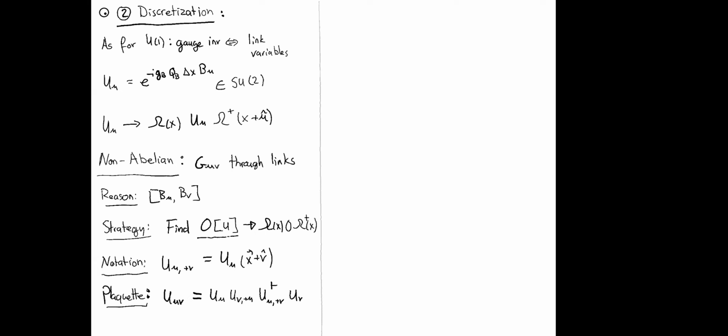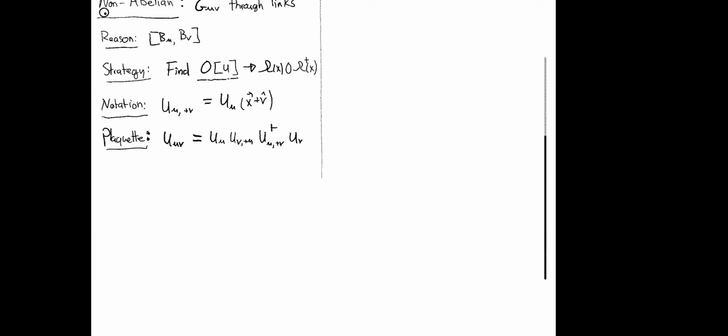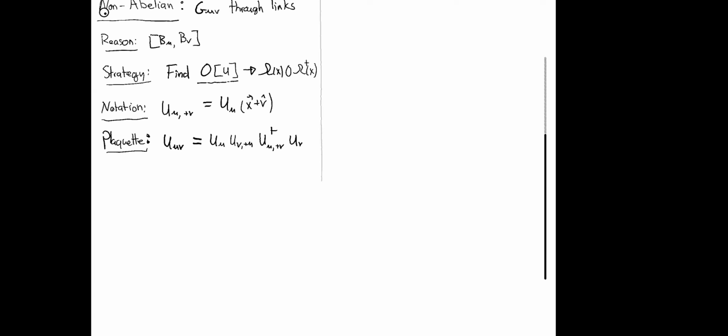The way to think about this operator is not so complicated. You have a lattice with different points. The way to think about this link operator, and that's where the name comes from, is that they live on the links of the lattice. So at every point, for instance in 2 dimensions, you have 2 links, U_x and U_y.